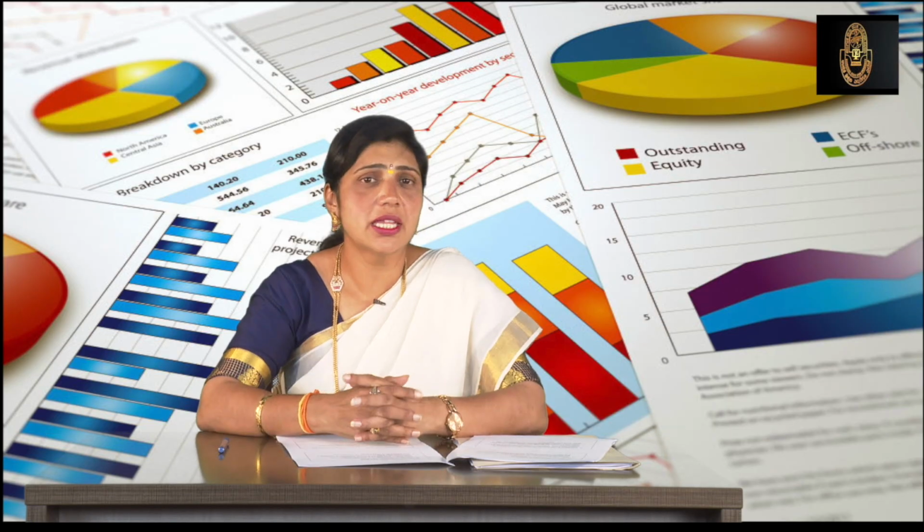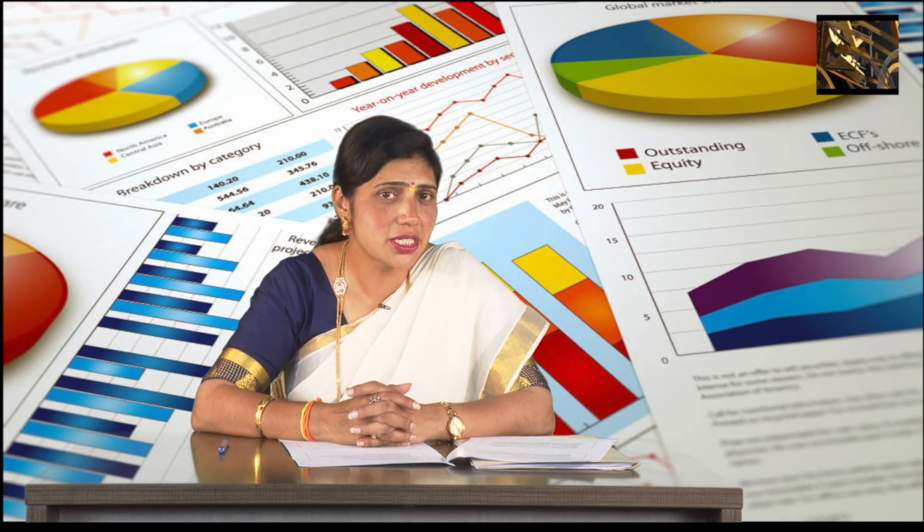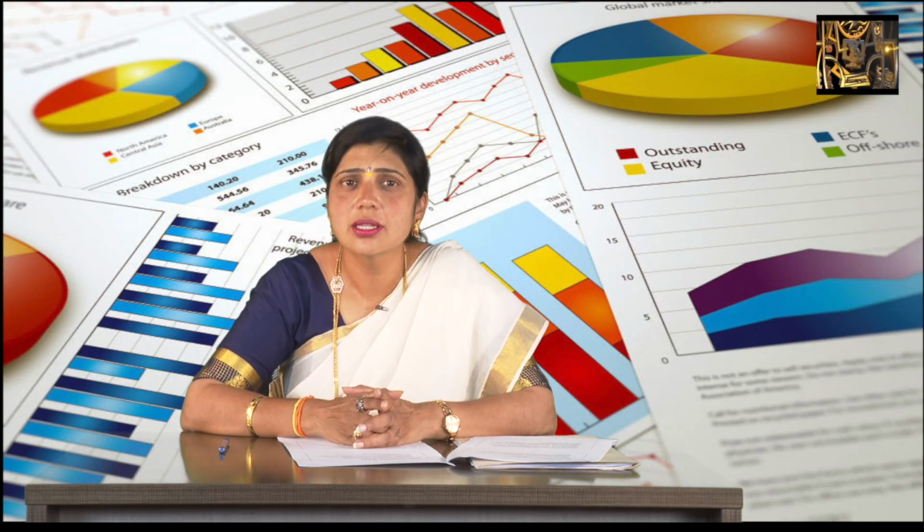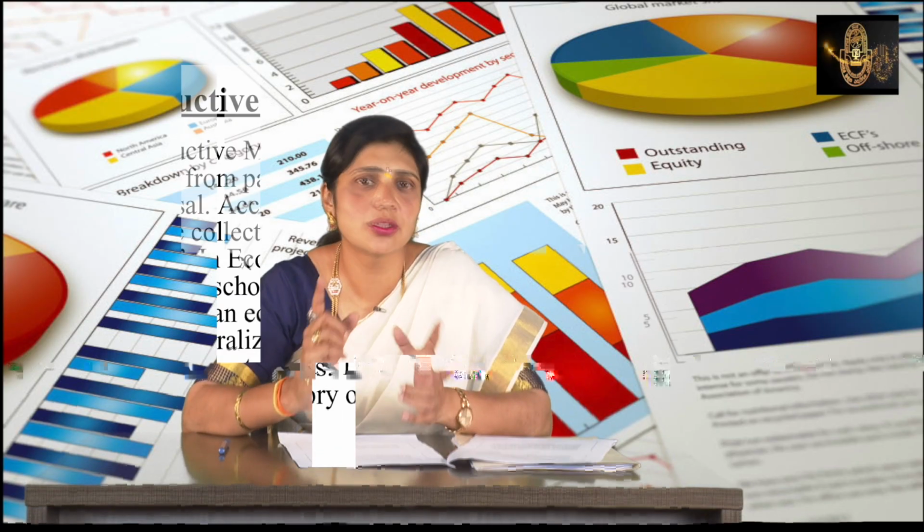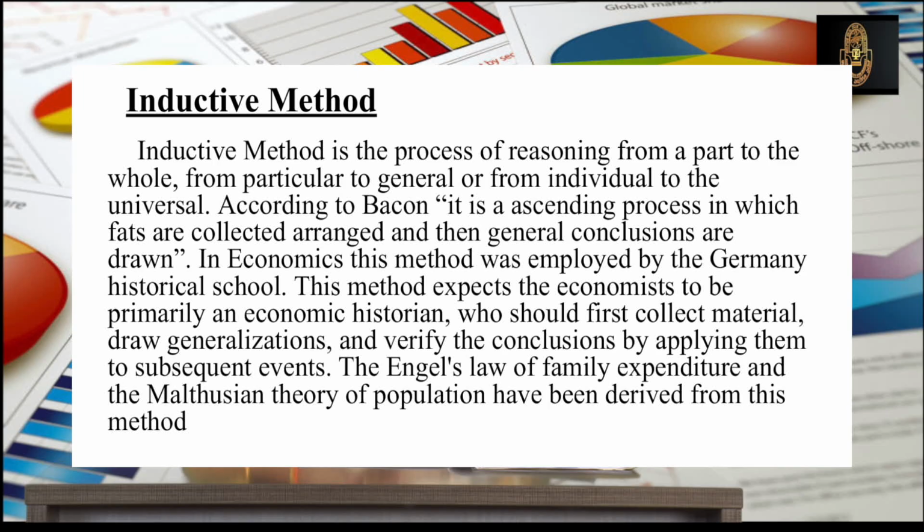The second method, along with deductive, is one more method, isn't it? That is the inductive method. What is inductive? Reasoning from a part to the whole, from particular to the general, or from individual to the universe.